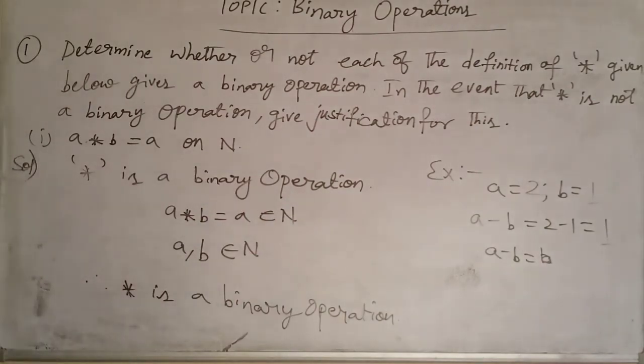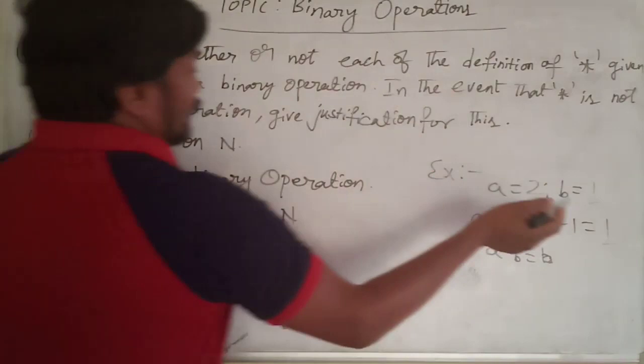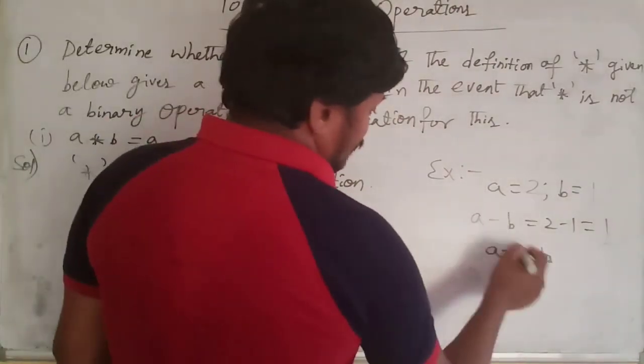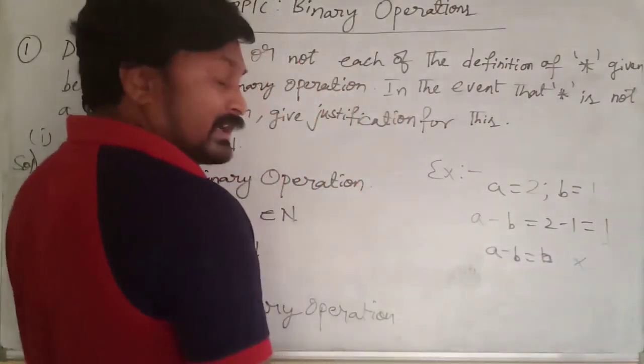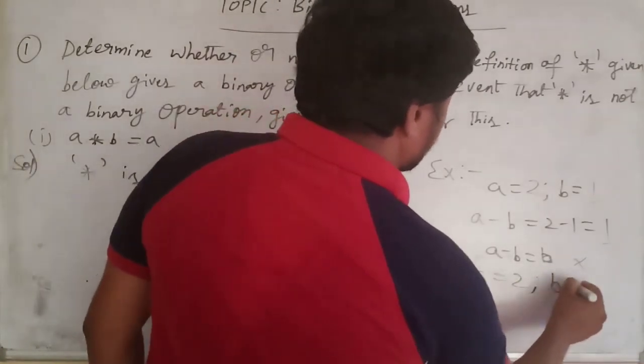It is a binary operation because whatever the numbers a and b, when you operate, you need to get a natural number. It need not be exactly equal to a. This will also be possible for multiplication, though for subtraction it does not always happen. Let me check the multiplication: a is equal to 2, b is equal to 1.